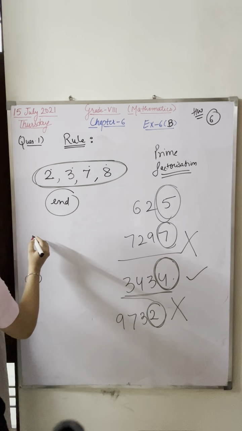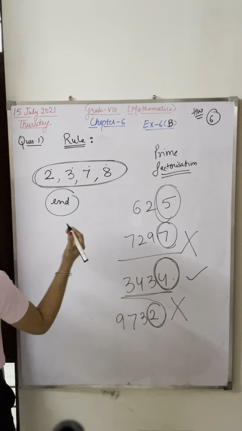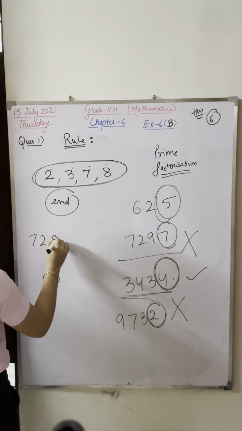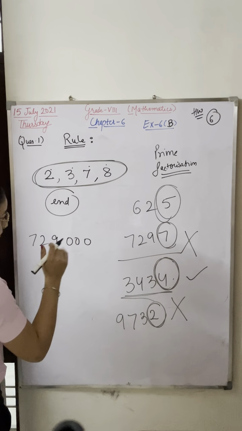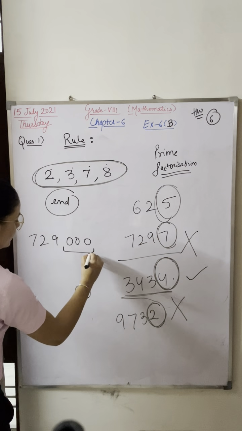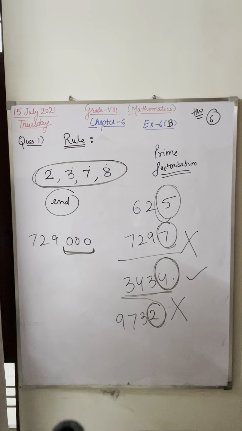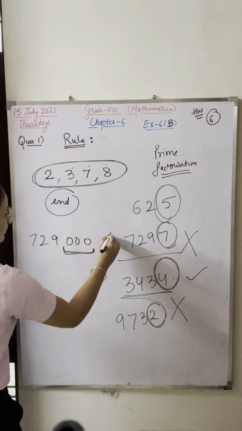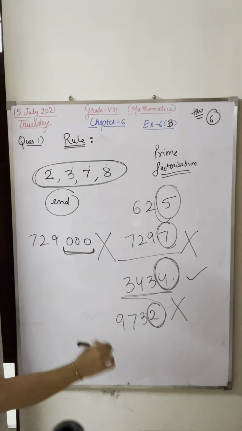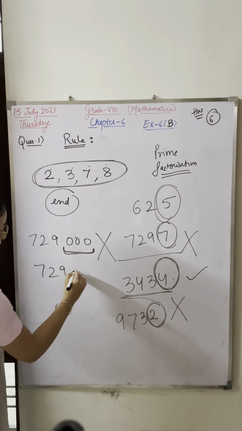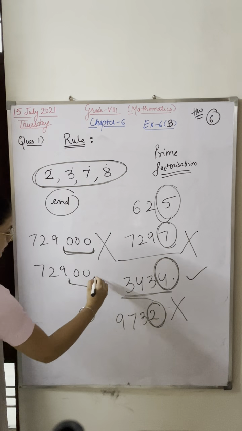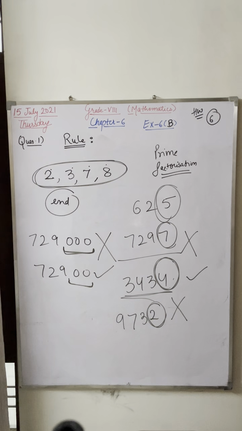If any number, suppose 72900, ends with an odd number of zeros, that will not be a perfect square. If the number ends with an even number of zeros, that will be a perfect square. Right? Some are similar, Chaitanya, but not all are similar, okay?